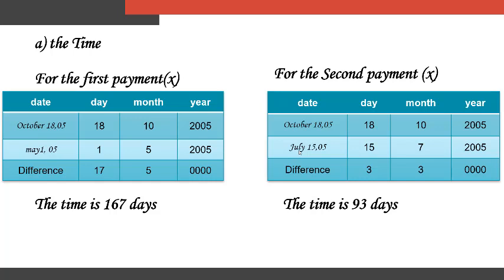We subtract: 18 minus 15 equals 3, 10 minus 7 equals 3, and 2005 minus 2005 equals 0. To get the time for the second payment, 3 months, 3 times 30 plus 3 days, so the total time for the second payment equals 93 days.